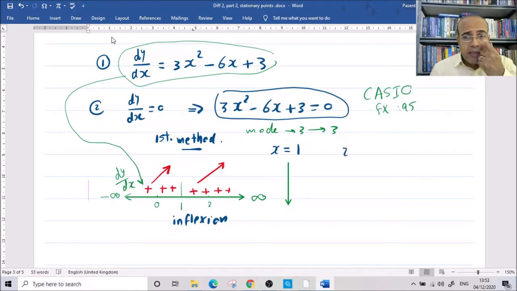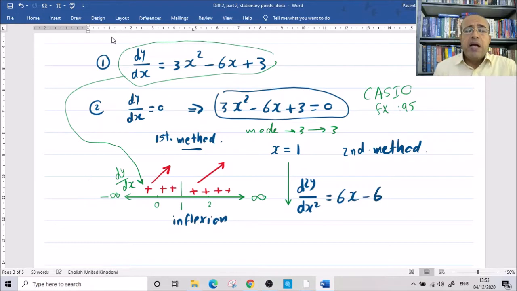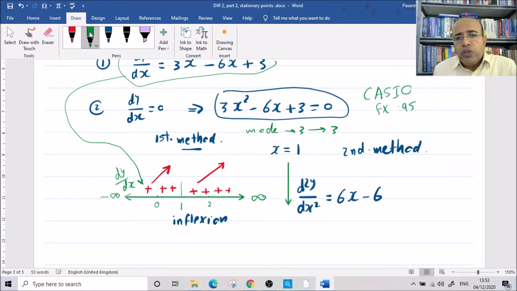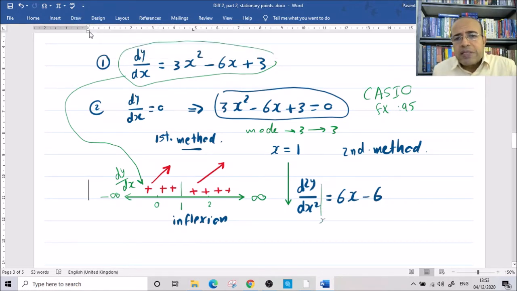What about the second method? In the second method, we don't draw the number line. We find the second derivative, d2y by dx2. When you differentiate one more time, it is 6x minus 6. Now, when you replace x by 1 in d2y by dx2, you get 6 times 1 minus 6, which becomes 0.